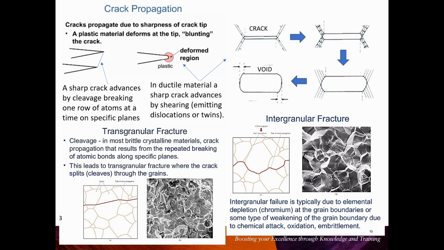Anyway, moving on, one of the ways in which a crack can advance in a ductile fashion is by emitting dislocations. Just like dislocation slip is an easy way to deform a material, it takes too much energy, too much force, to simply pull atoms apart.